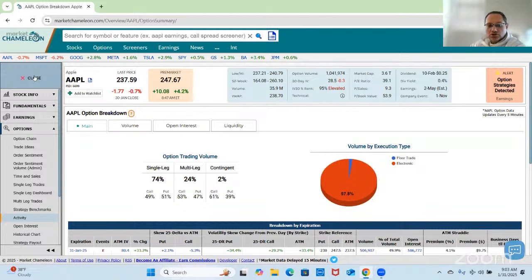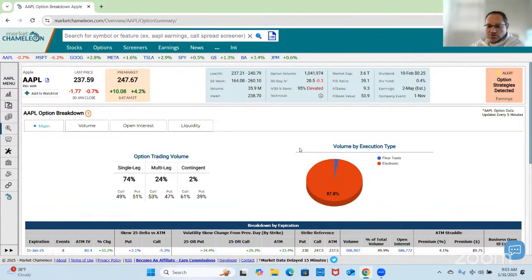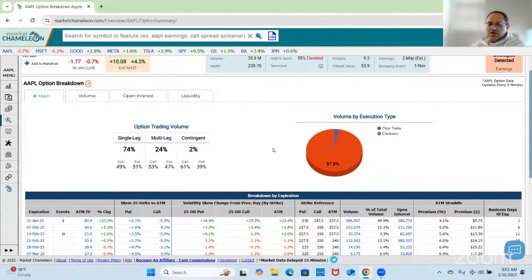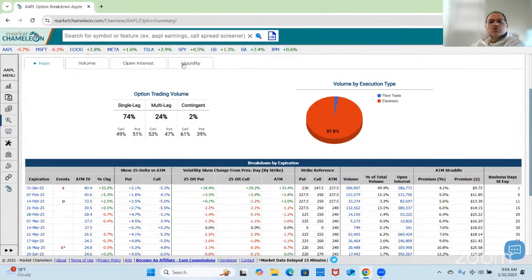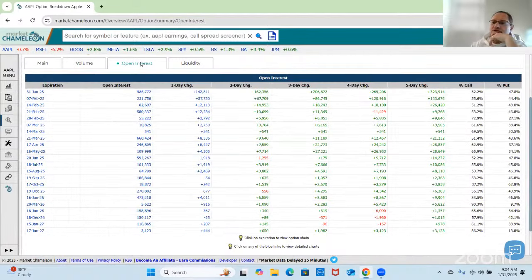I'm going to close this menu to expand our screen. We've got a couple of different tabs up here that we could go through. Let's just jump to this open interest tab up here.